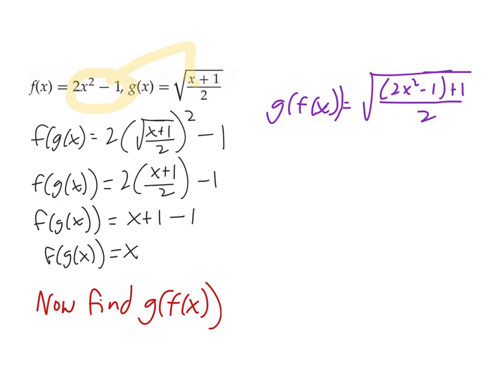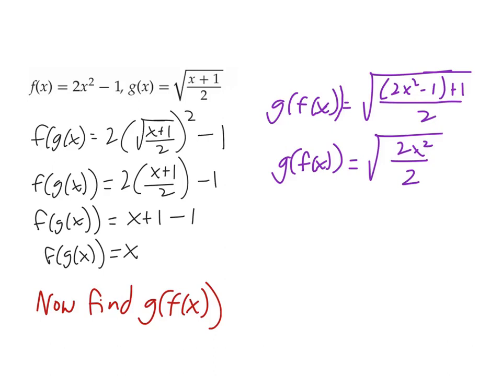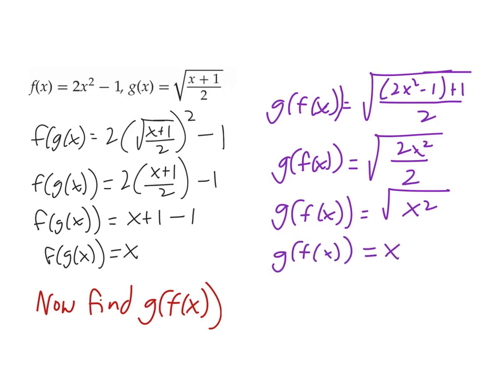Here's what we've got to keep in mind: there's nothing being multiplied by this set of parentheses, so we can drop them. And so I'm going to do negative 1 plus 1. So I end up with the square root of 2x squared over 2. Now, the 2's cancel. I have the square root of x squared, which is what? X. Okay? So that's the work.